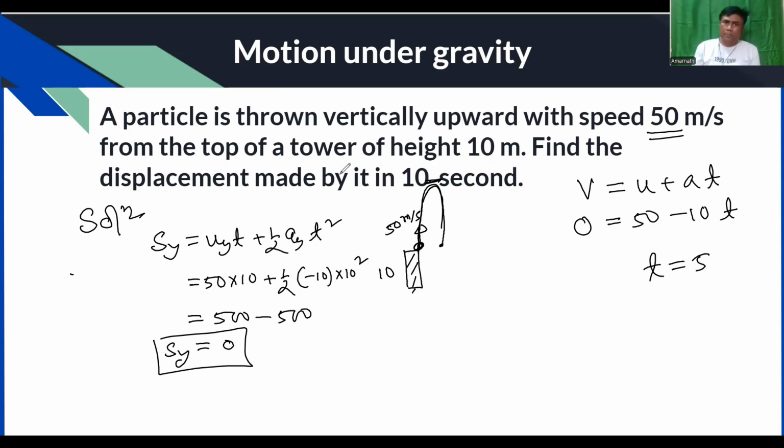So 10 seconds. 5 seconds goes up, 5 seconds goes down. If it is 40, it will be 4. If it is 20, it will be 2. If it is 35, it will be 3.5. Okay. So that way actually you can reduce your effort also. In case of gravity, always it happens.